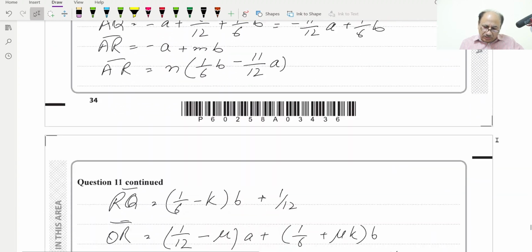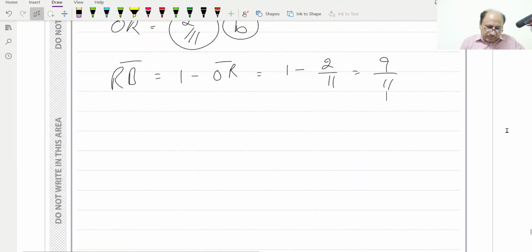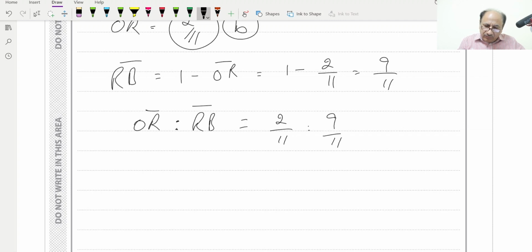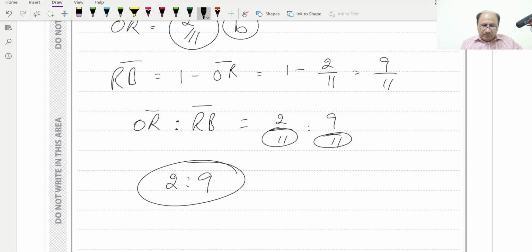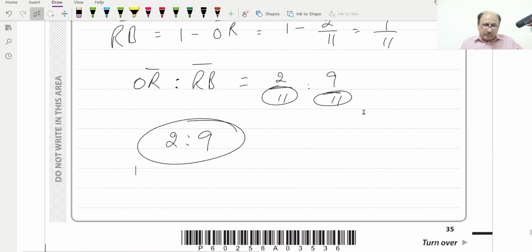OR ratio RB is equal to 2 by 11 ratio 9 over 11. So these are equal, so we can leave this. So it will be 2 ratio 9, and this will be our final answer for this question.